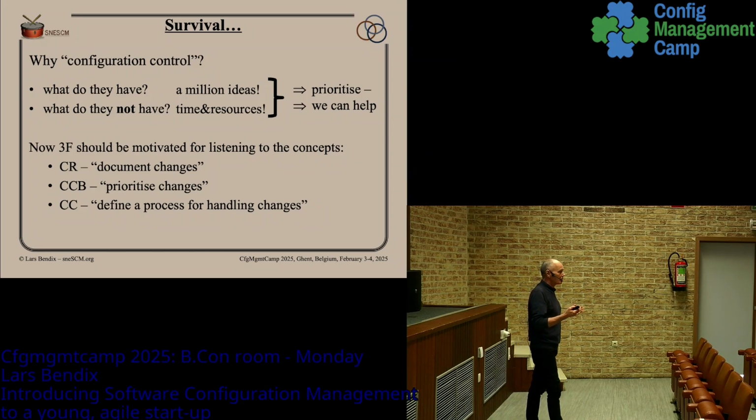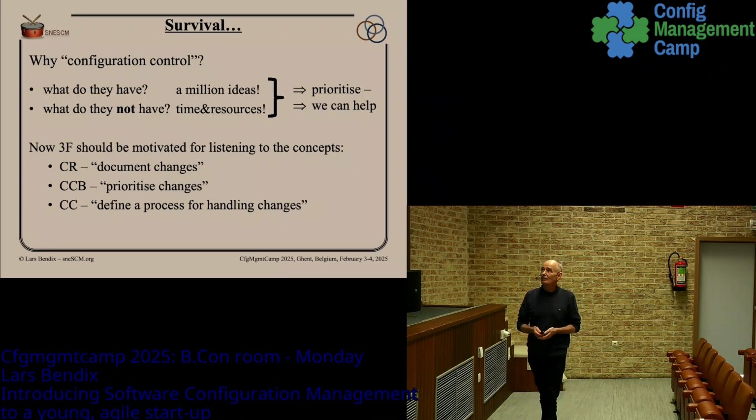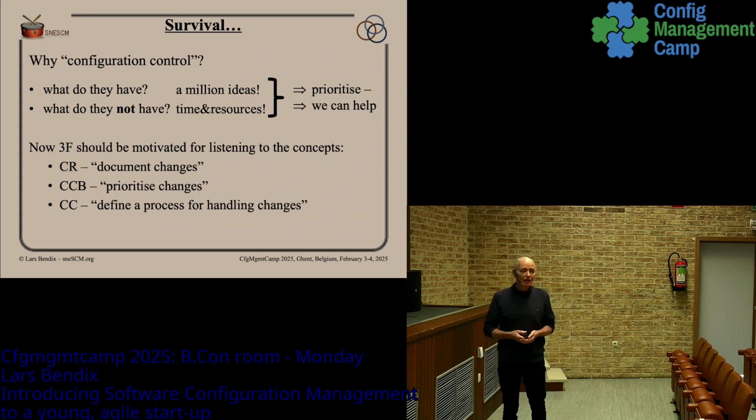So how to document the changes, how to decide and prioritize on what changes we should do, and defining a process for how we handle these change requests before the CCB meeting and after the CCB meeting.